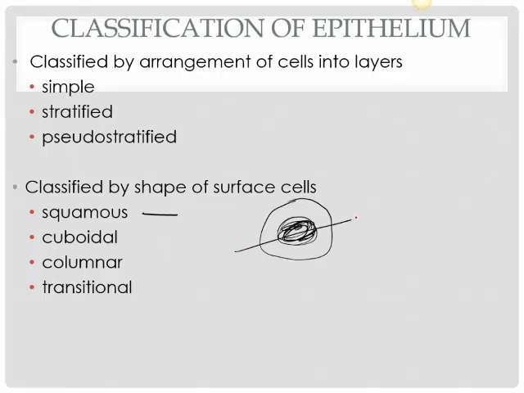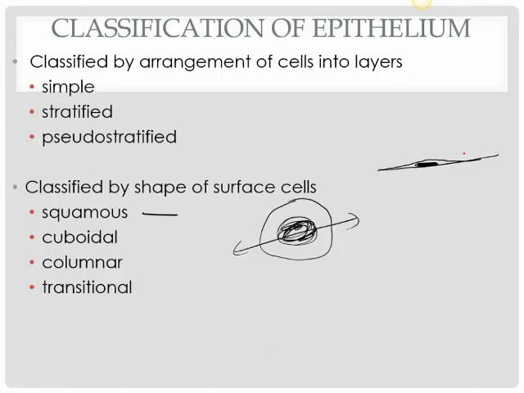If I take a section through an egg and look at it from the side, this is what it's going to look like, right? The nucleus will usually be present here in the thickest portion. So this is what a squamous cell looks like. Squamous means pavement-like, very thin. So this is squamous epithelium.